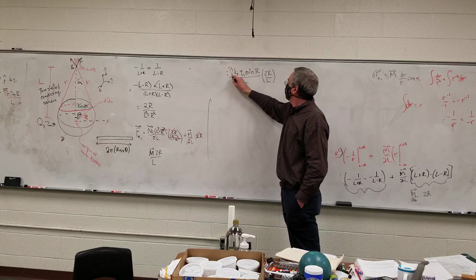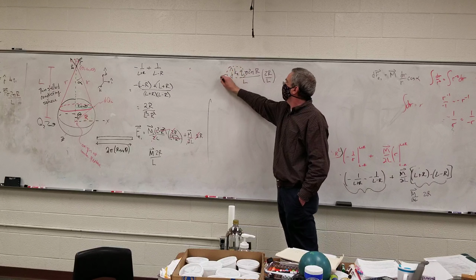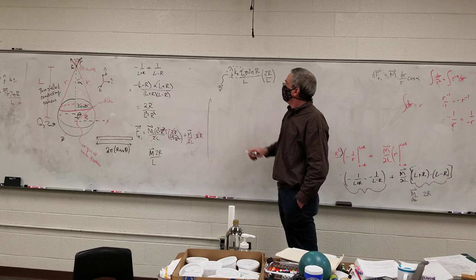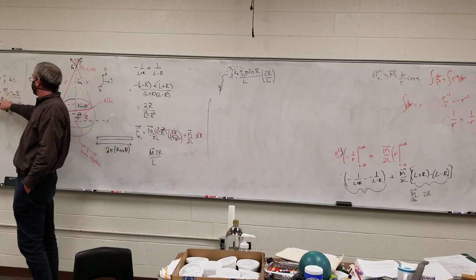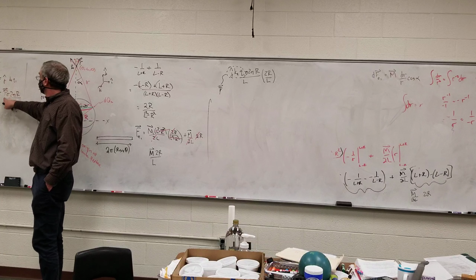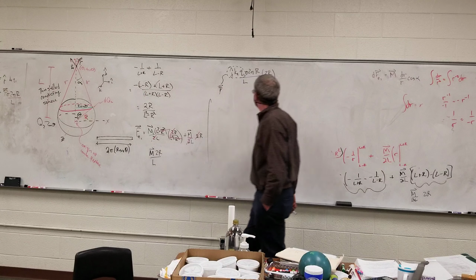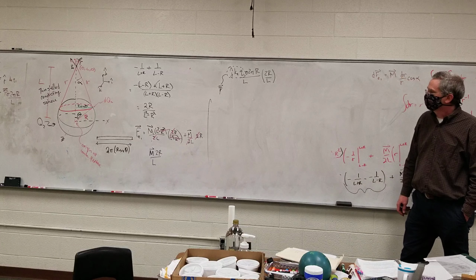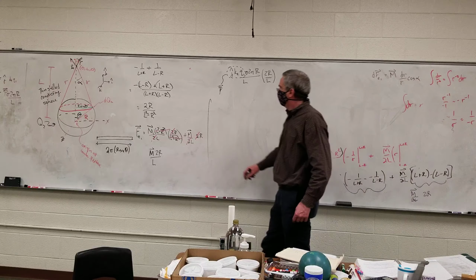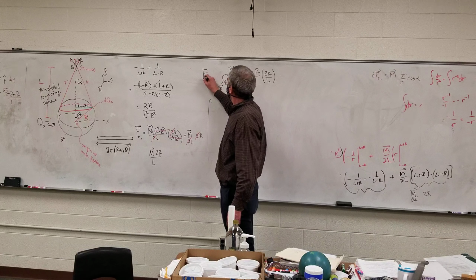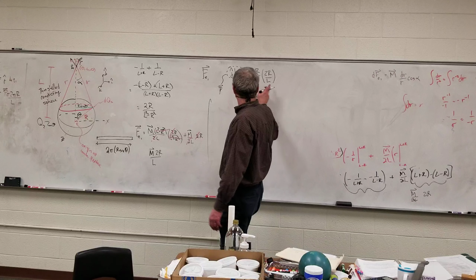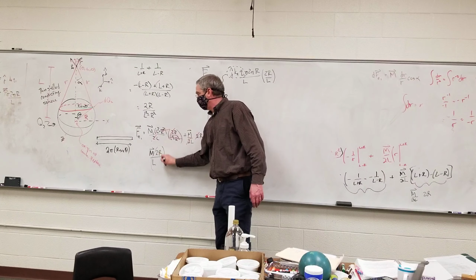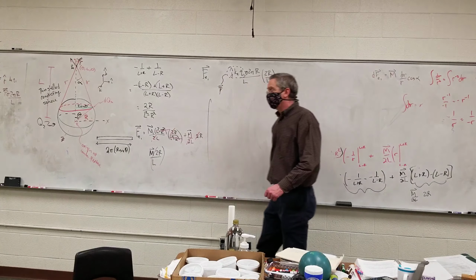This bit right here that I'm circling was my made up vector P. That P right there. So this would be the force. And that 2R over L at the end comes from this right here. So basically it's M times 2R over L.